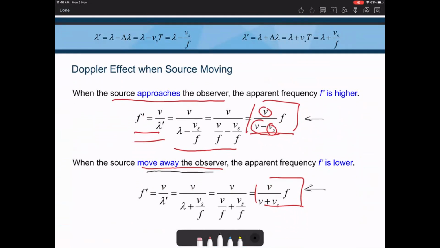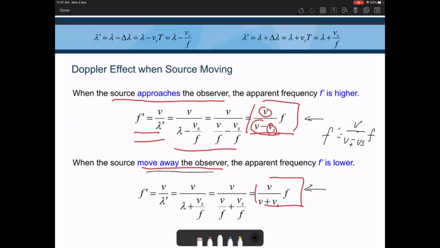As you can see, the equation has a correction factor v over (v minus vs) or v over (v plus vs), depending on whether the source is moving toward the observer or away from the observer. So you could simplify the equation by writing something like this: v over (v minus/plus vs) times f, where f is the original source frequency.